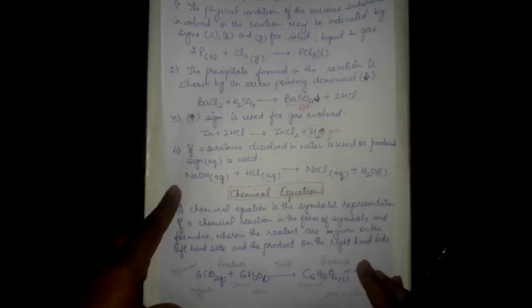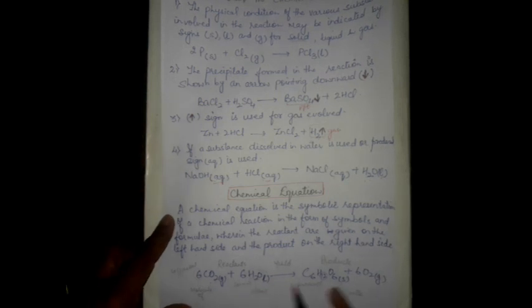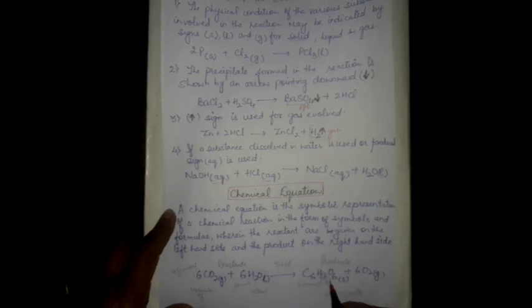Now I will take one example: CO2 plus H2O. CO2 is carbon dioxide plus water. It will give you C6H12O6, which is glucose, and O2, that is oxygen.